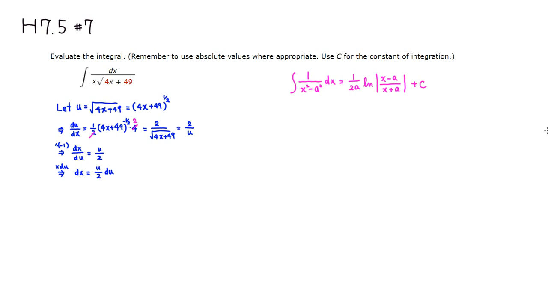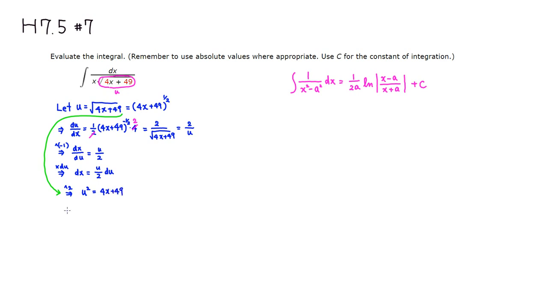We know that this guy is u. Then we notice there's an x there, so we have to rewrite that x. I'm going to start with the substitution equation and square both sides to get rid of the square root. So u squared is equal to 4x plus 49.